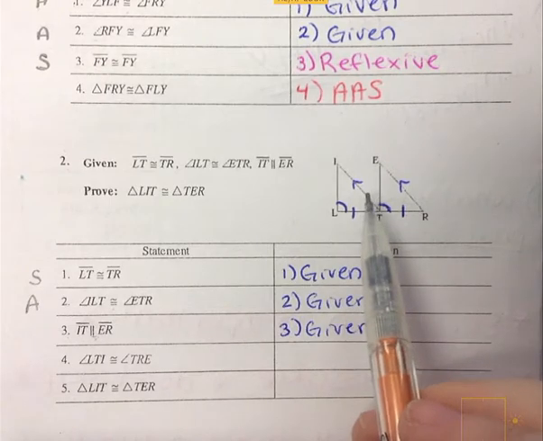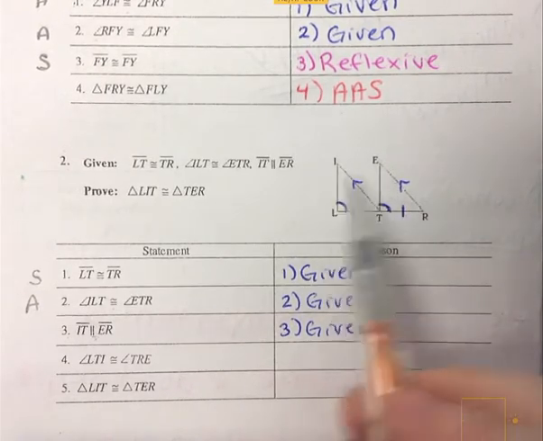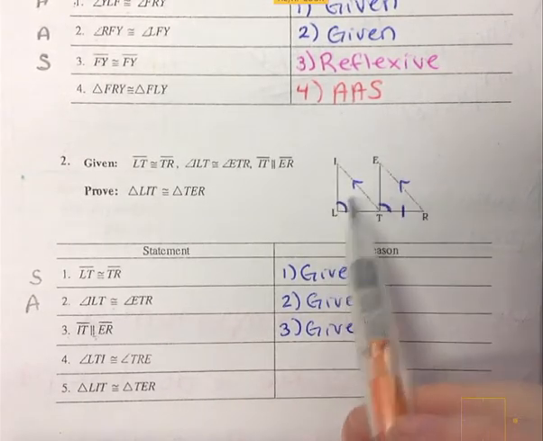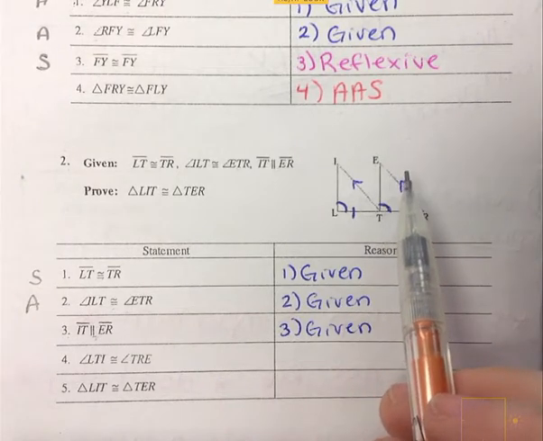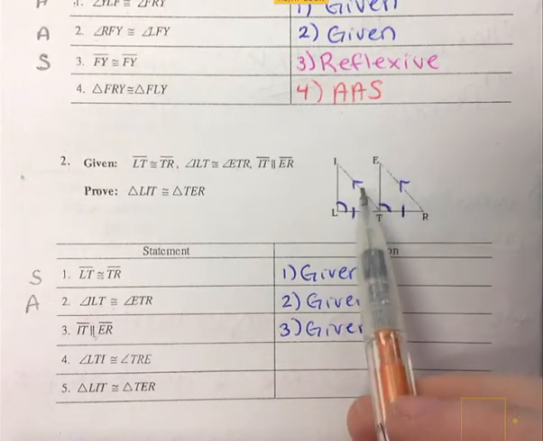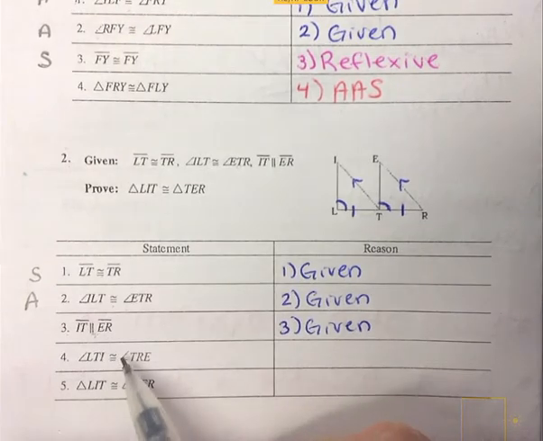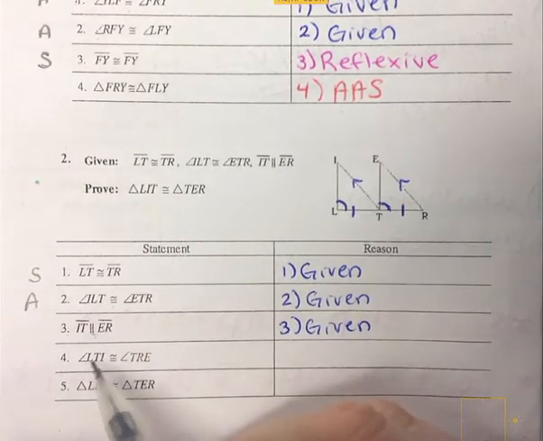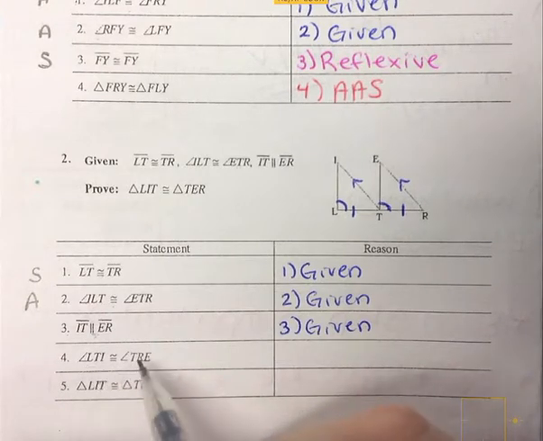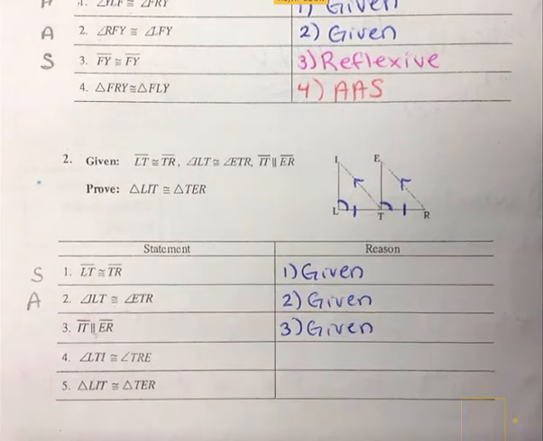We don't really want to look for alternate exterior because we don't want to be outside of the triangle. That won't really help us. And there's also vertical, but those aren't because of parallel lines. So for parallel, we want to look for alternate interior or corresponding. Statement 4 actually tells us which angles they are, so we're going to use the statement to help us.